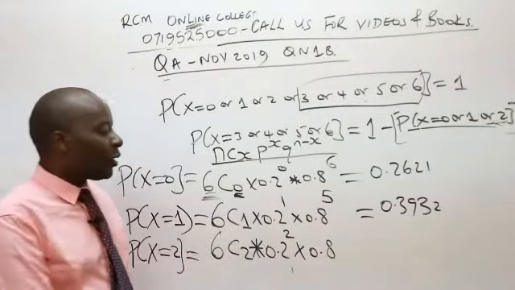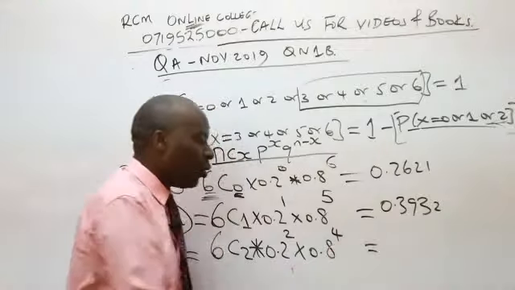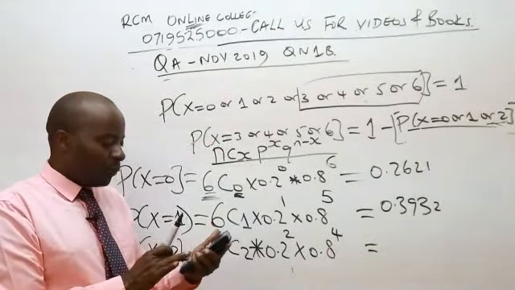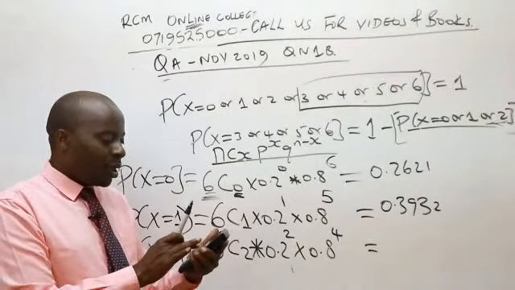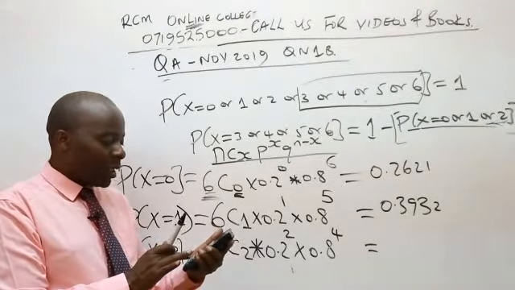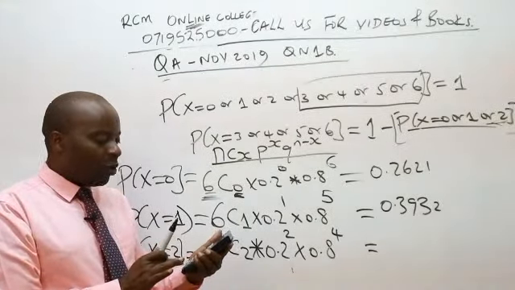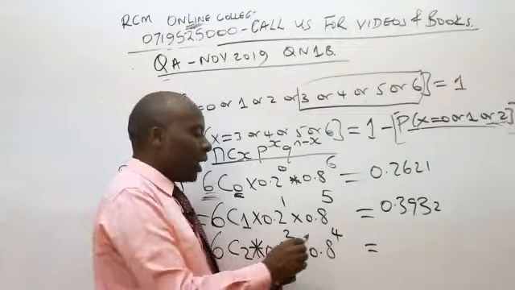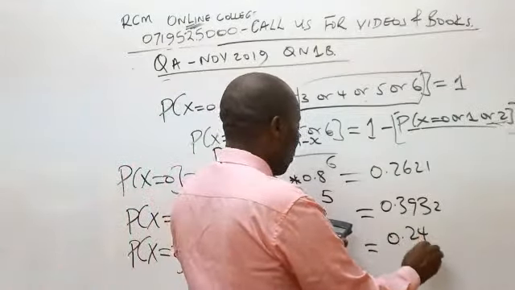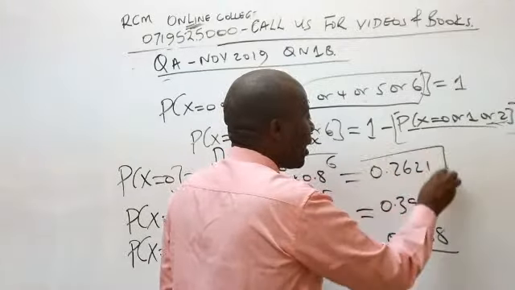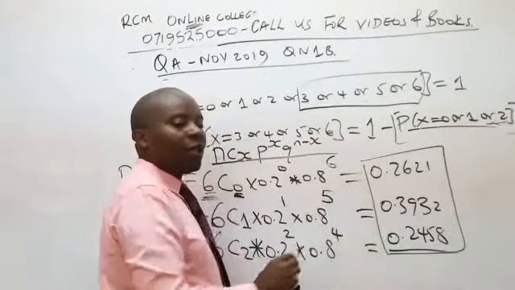So meaning that this one here will be 4. So then what do we have here? We have 6 combinations 2 times 0.2 raised to power 2 times 0.8 raised to power 4. So then at the end of the day, we'll end up getting 0.2458 like that. Or means what here? That come and give us a consolidated total figure.